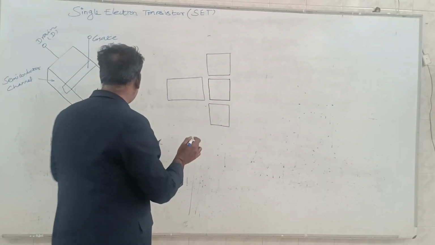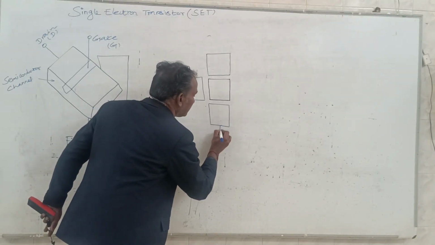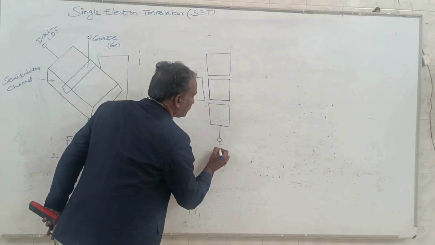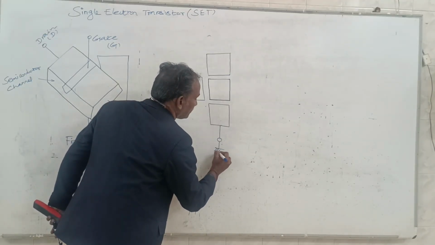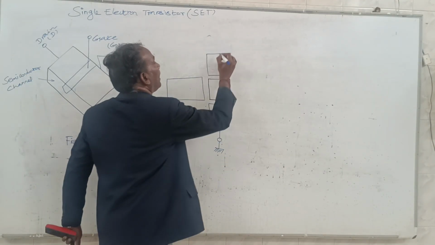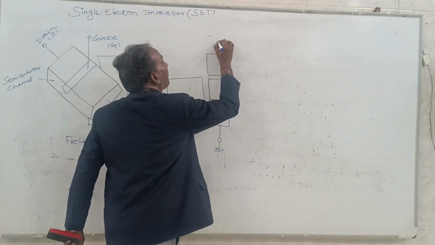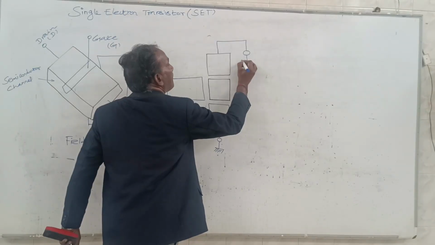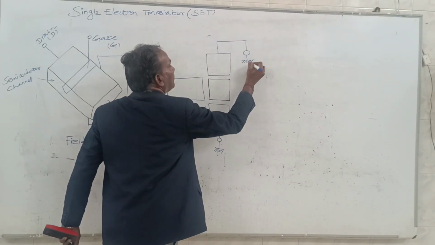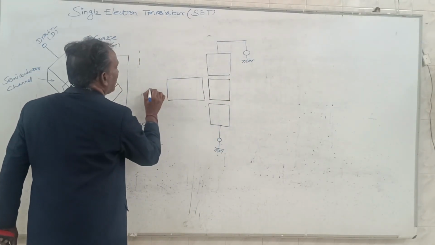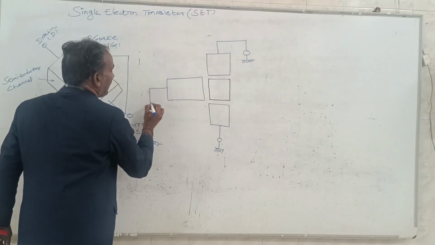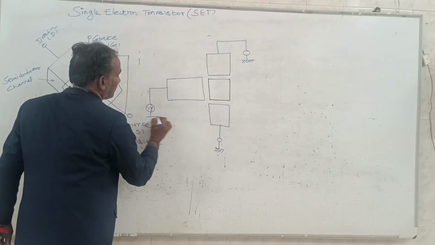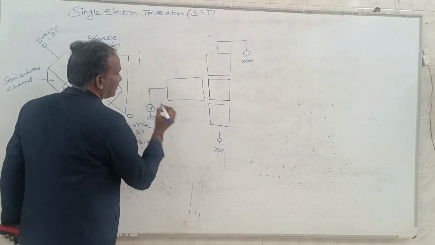One terminal is the source, another terminal is the drain, and the third terminal is the gate.